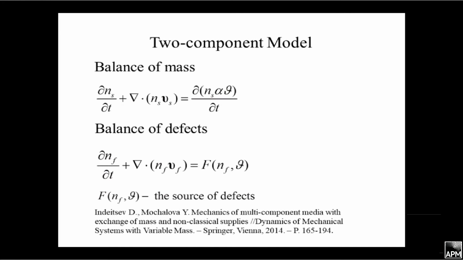So we need an additional equation. It's a balance of mass for defects. It is written here below, where v is their own velocity, and the right side is the source of defects depending on temperature.